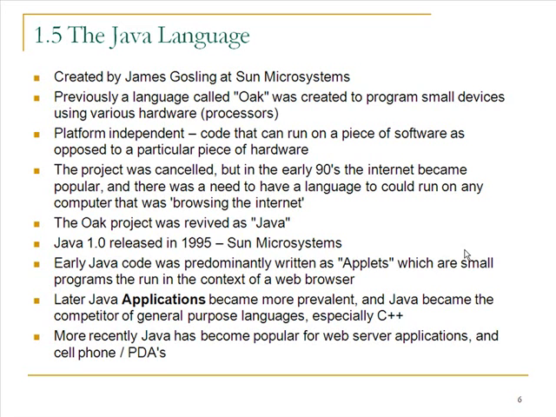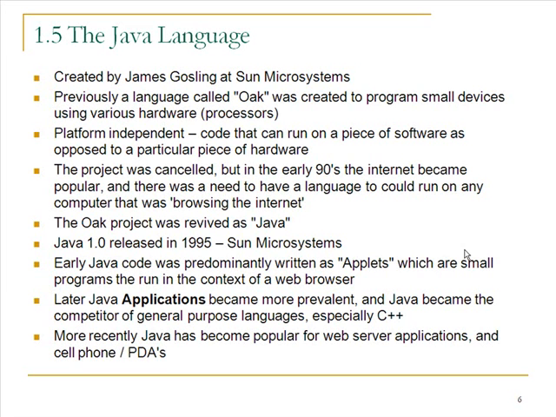People started using Java to write applications, which are programs that run on a machine, like any other program, like Microsoft Word or any program that you run on a machine. And this made Java a competitor of general-purpose computer languages, especially C++.